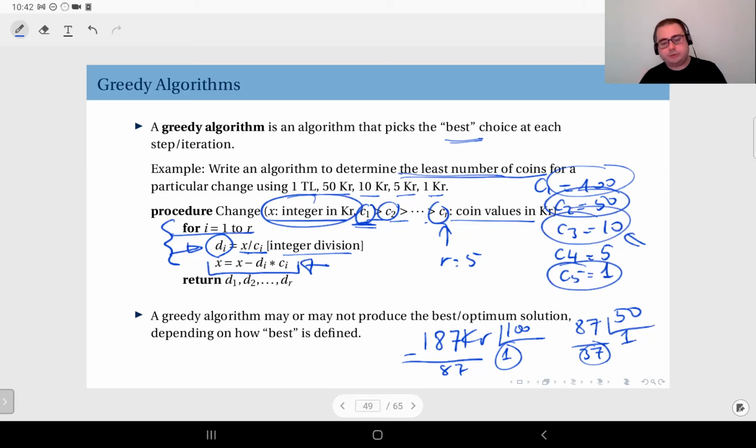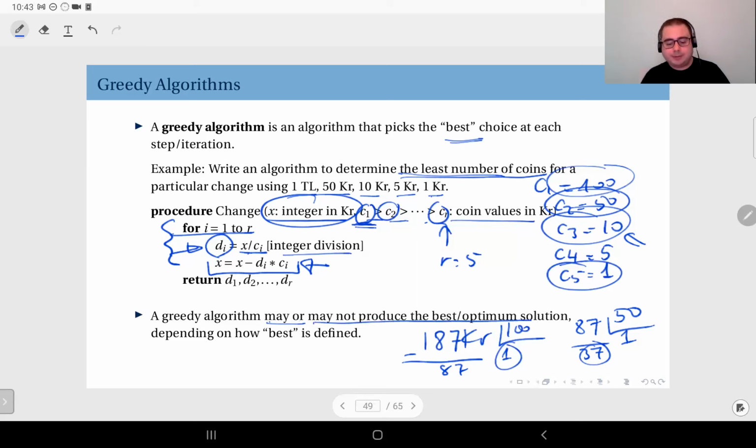Okay, so this is a greedy algorithm, and essentially it solves part of the problem at every iteration. But in this case, we managed to find the real optimum solution, but that is not always true. A greedy algorithm may or may not produce the best or the optimum solution.